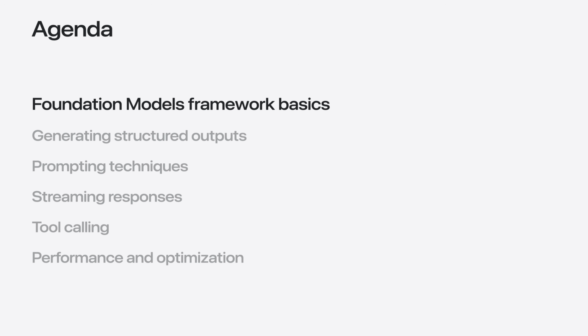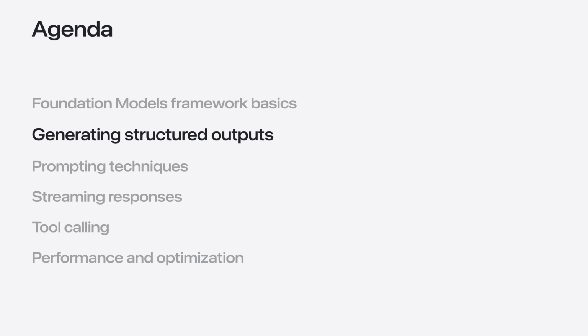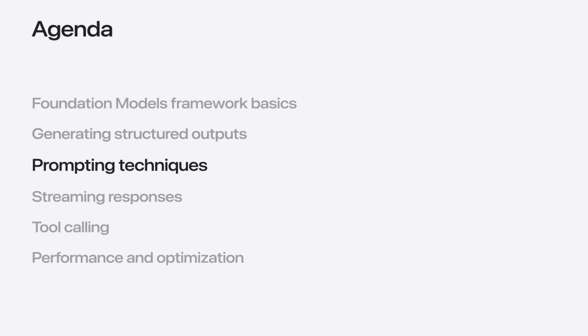We're now ready to dive into the agenda. We've structured the code along into 6 chapters. We'll start with the absolute basics, where you learn how to start prompting the model to generate text. Then we'll move beyond simple text and see how to get structured Swift types back from the model, making it easy to map model output to your custom views. We'll then dive into prompting techniques, which lets you improve the model's accuracy by providing high-quality examples directly in your prompts.